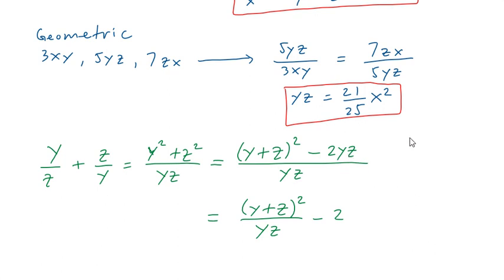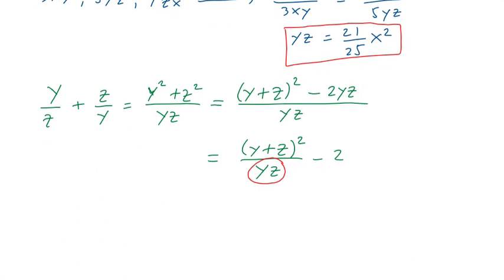Okay, so if you look at our second equation here highlighted in red, yz equals 21 over 25x squared. So let's replace yz here with 21 over 25x squared and see what happens. So if we do that, we get 25 over 21 times (y plus z) squared over x squared minus 2.